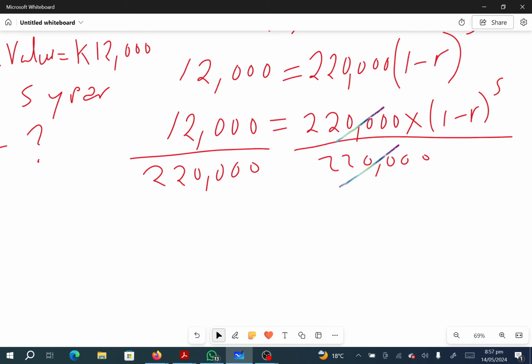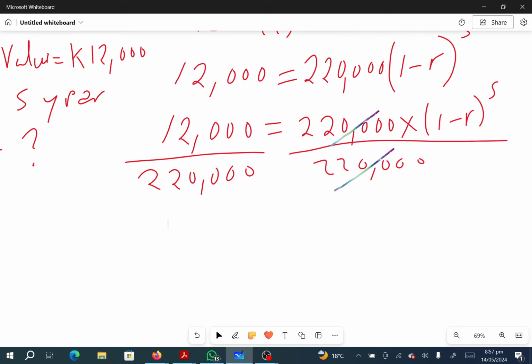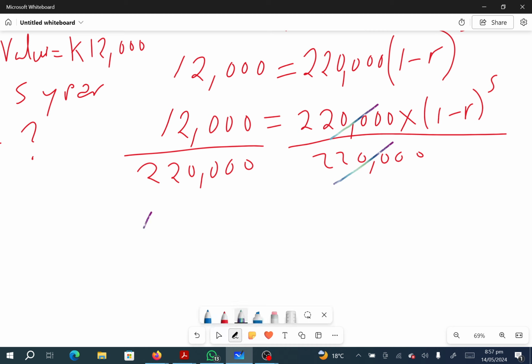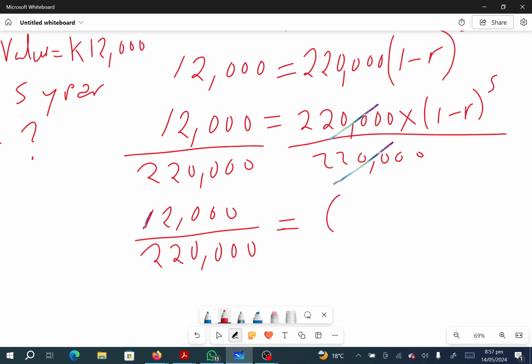So then you remain with 12,000 over 220,000 is equal to (1 minus R) to the power 5.